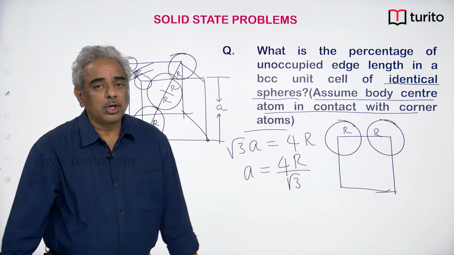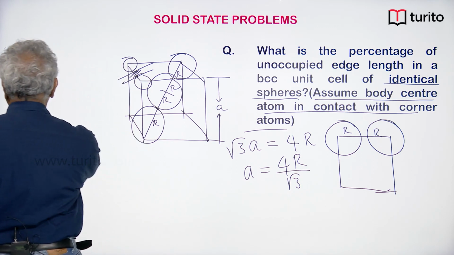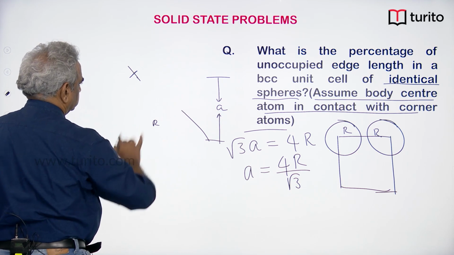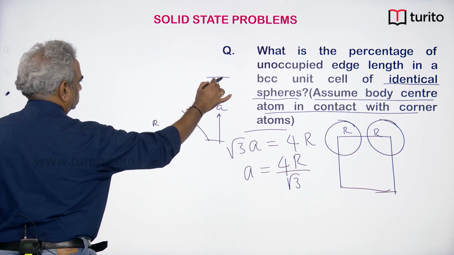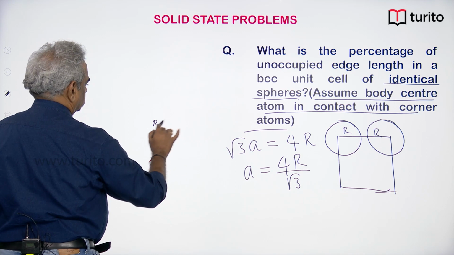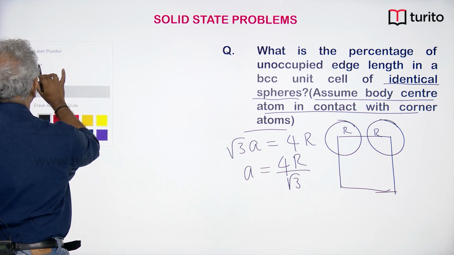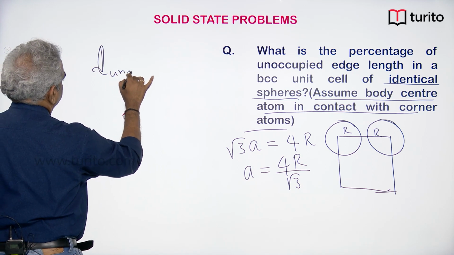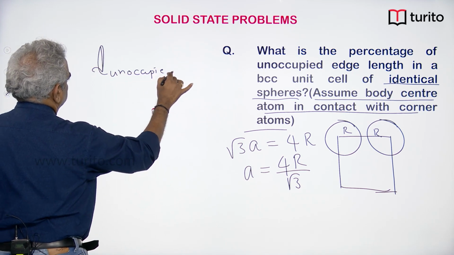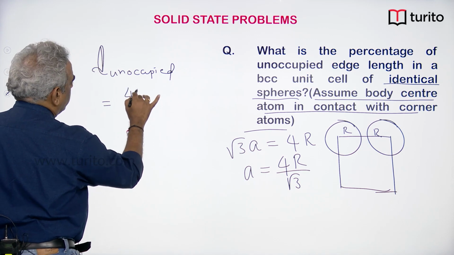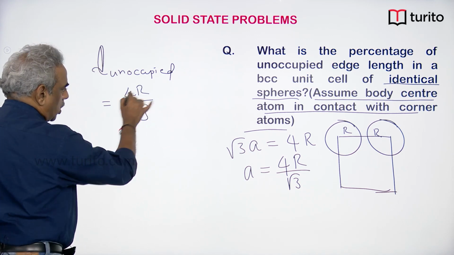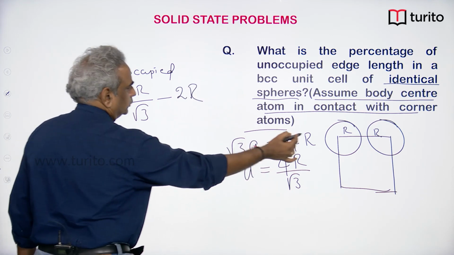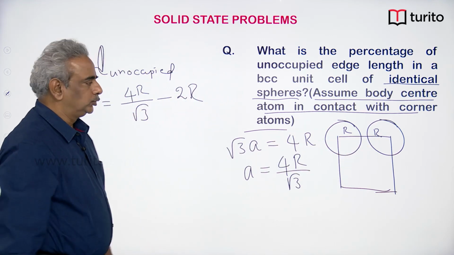So, what is the unoccupied length? Length unoccupied is equal to 4r by root 3, which is the total edge length, minus 2r, the occupied length.